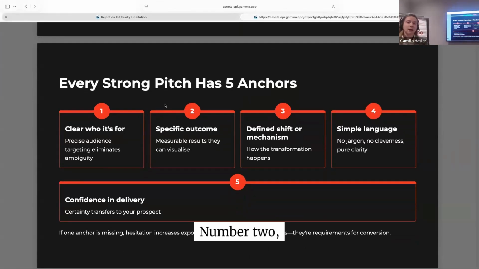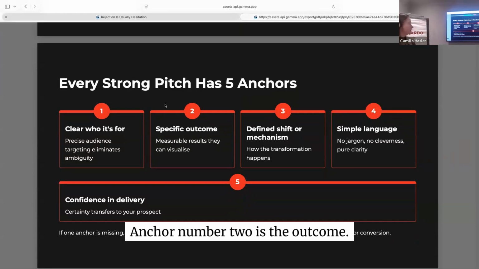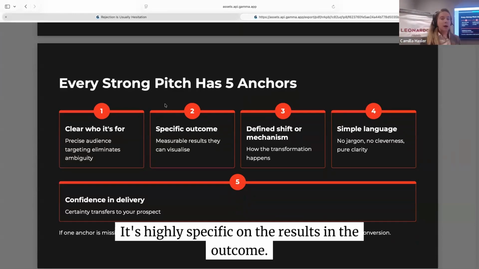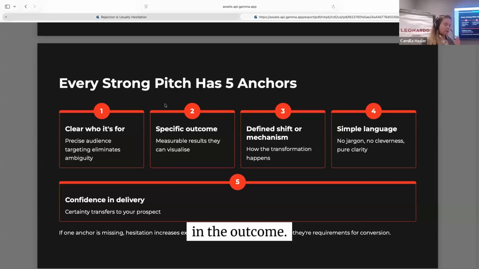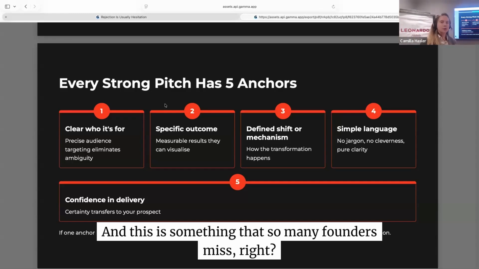Anchor number 2 is the outcome. It's highly specific on the results and the outcome. If you've ever heard a really good pitch, it's going to speak a lot about the results and the outcome. And this is something that so many founders miss.